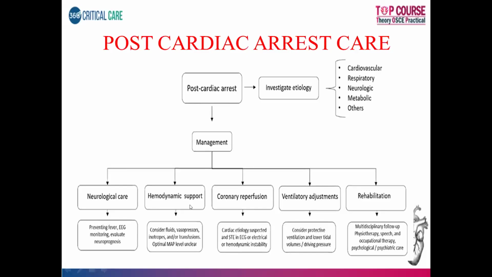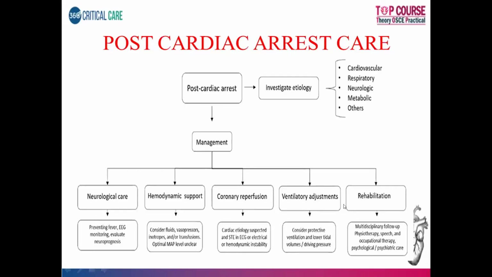Either you do it with fluids or with vasopressors, inotropes, or if the patient is in hemorrhagic shock, give blood. Coming to the optimal MAP levels, it is unclear. I will discuss it in the later slides. Next, coronary perfusion. Do an ECG, see if there is any cardiac etiology like MI and whether you can do coronary reperfusion immediately.